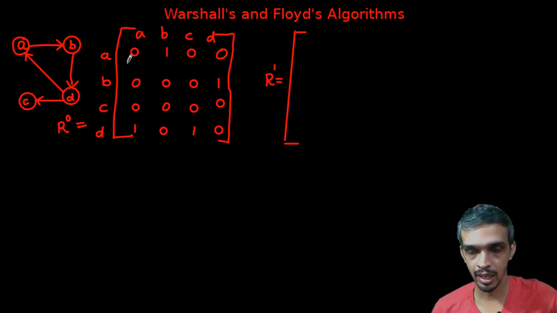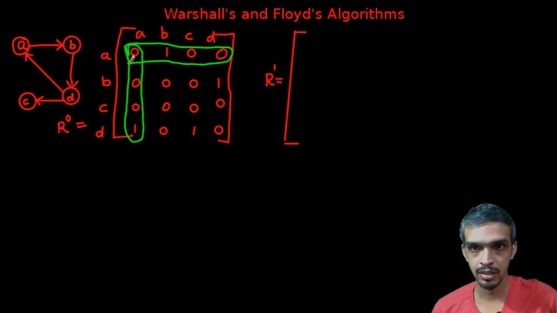So for calculating R1, we first select first row and first column. Next we will select the intersecting values. So intersecting values are, first one is this one. So we will calculate this as, we will be taking AND of 1 and 0.